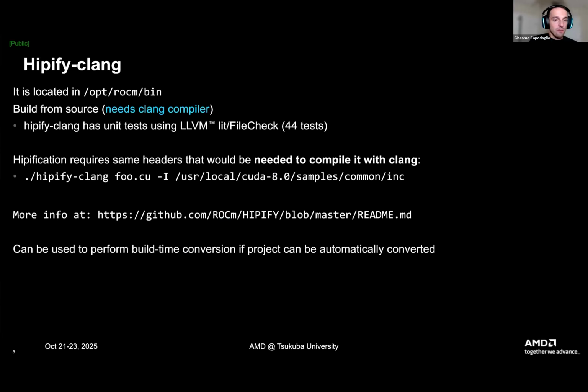For what concerns hipify-clang, it's also in the bin directory of your ROCm installation. And this is an example of using it where you have to supply the include, for instance.